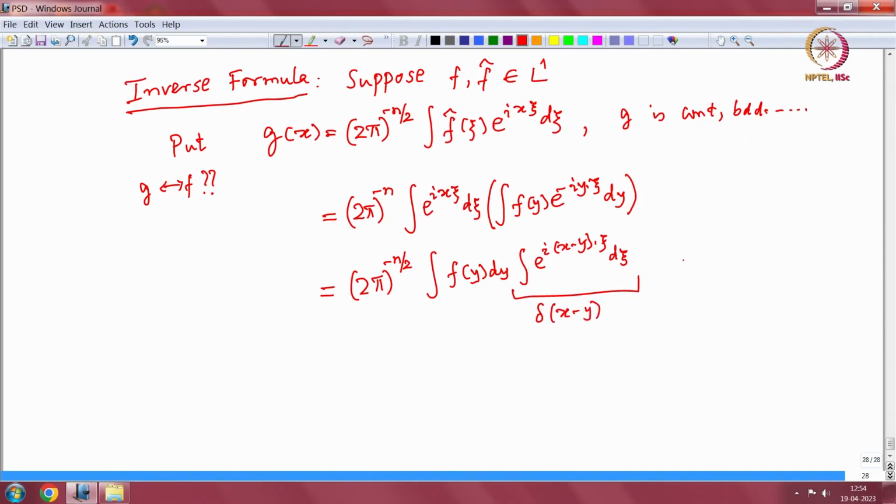So, arguing like Dirac, we do get f of x. This is a purely heuristic argument, with no justification of the interchange of integrals and no meaning for this integral.